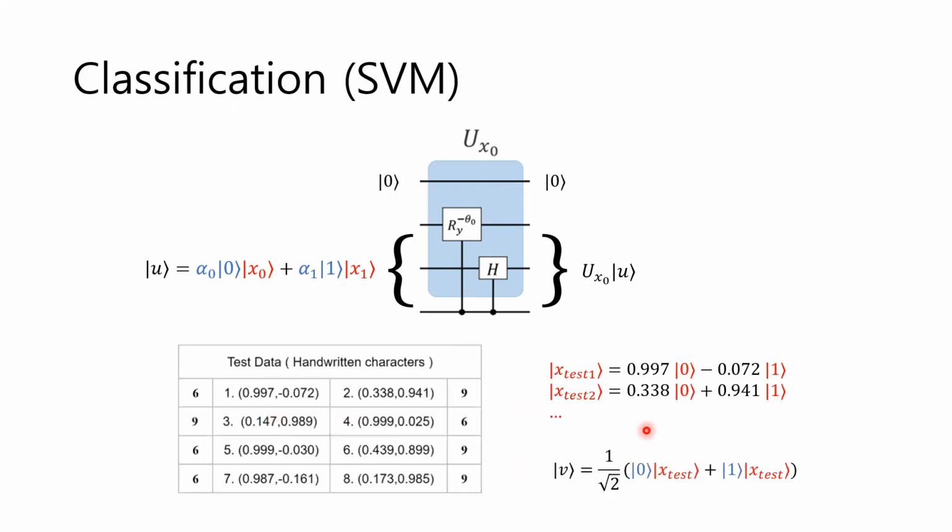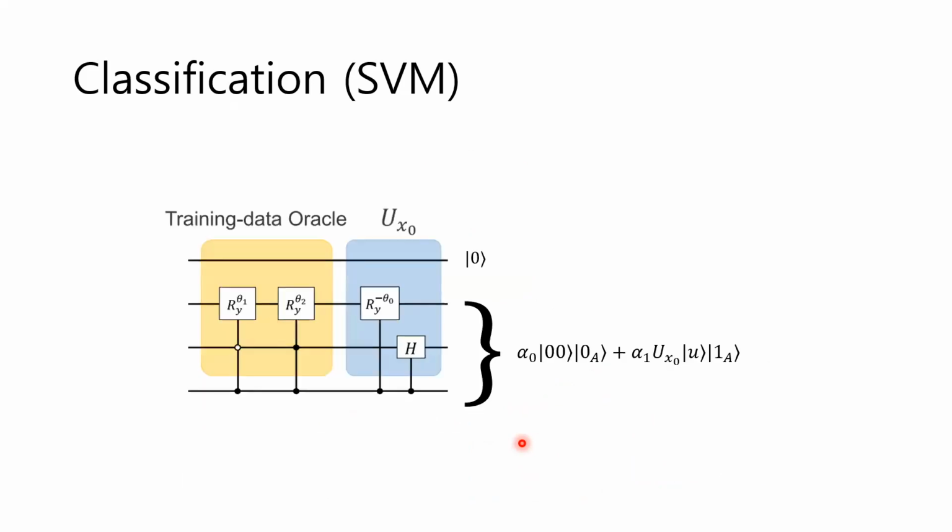The test data will be calculated in the same fashion we covered in the training data oracle process. So at the end of the classification, we will get this quantum state.